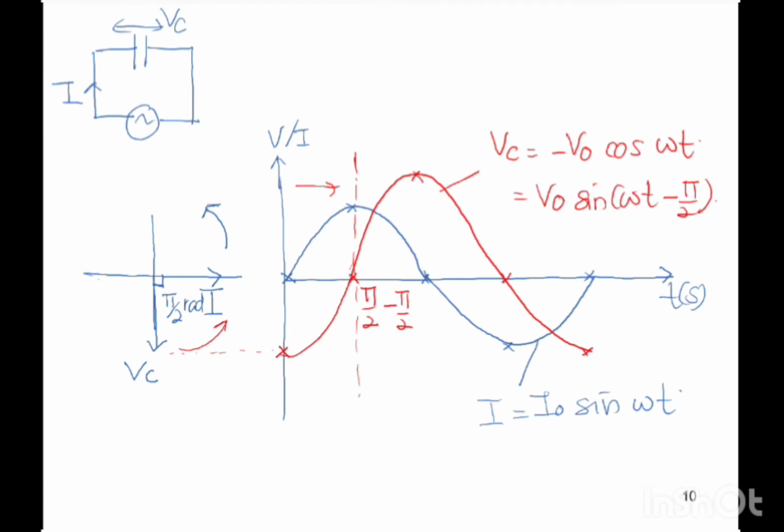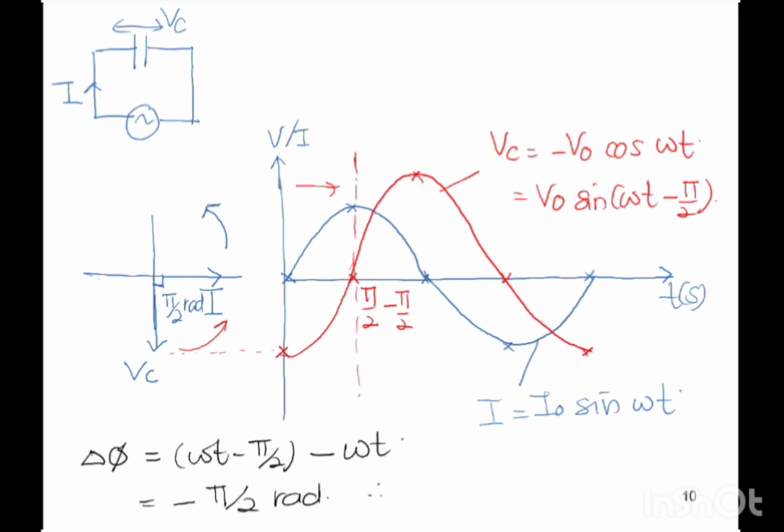So from here we can get the equation for the phase difference between V and I. So omega t minus pi over 2 minus omega t. So we get negative pi over 2 radian.